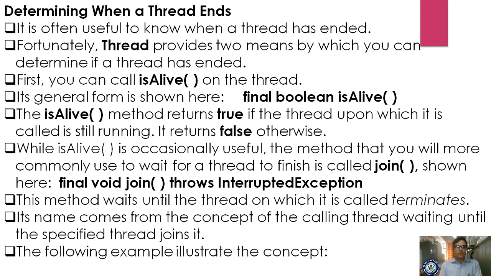This is also very important. It is often useful to know when a thread has ended. Fortunately, Thread provides two means by which you can determine if a thread has ended. By using two methods, we can identify whether the thread has ended or is still running. Let us see what those are.